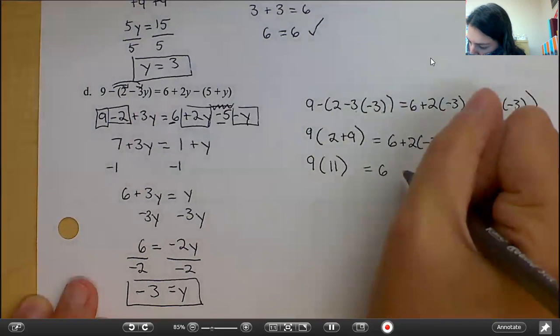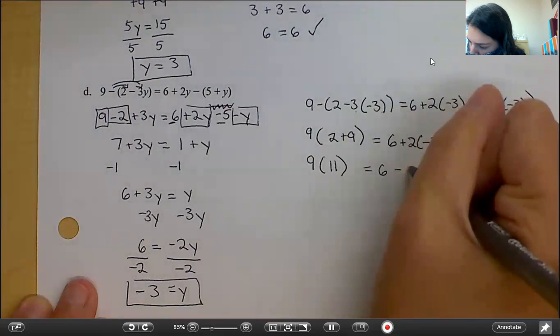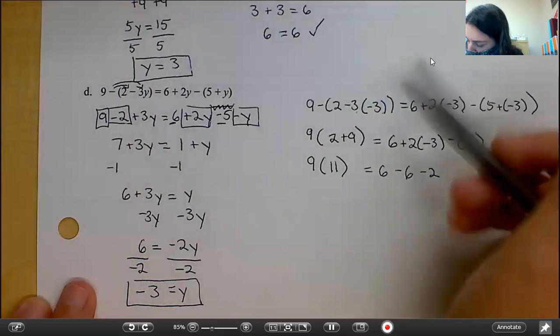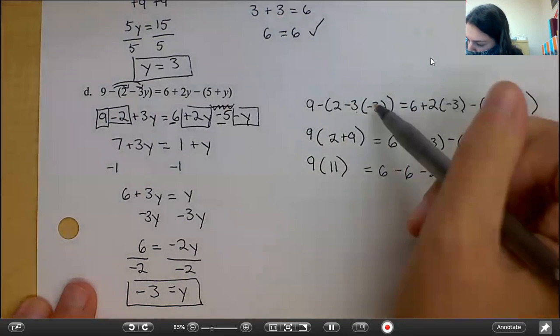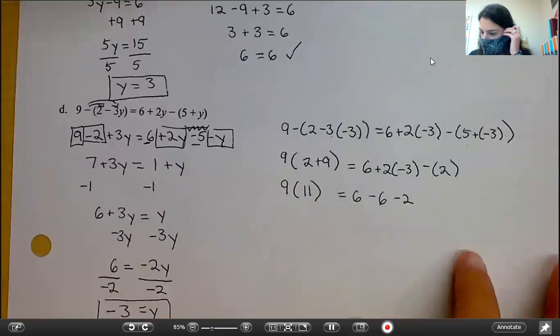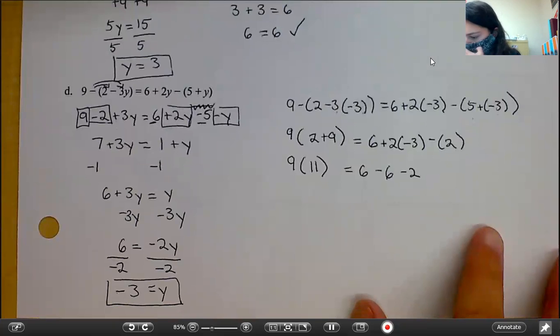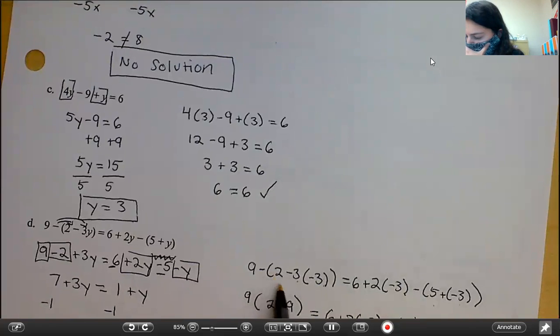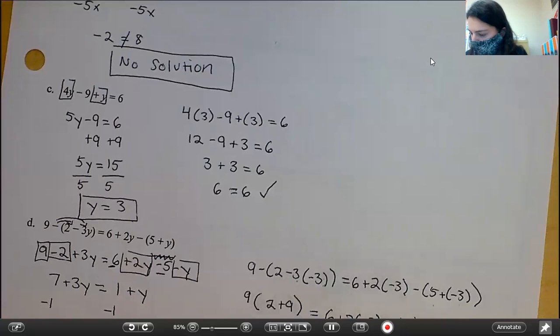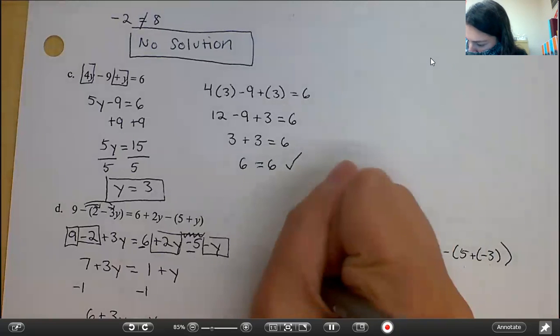Now we can multiply. Hang on a second. Oh, that's a subtraction, not a multiplication.